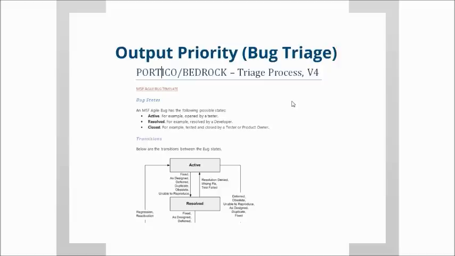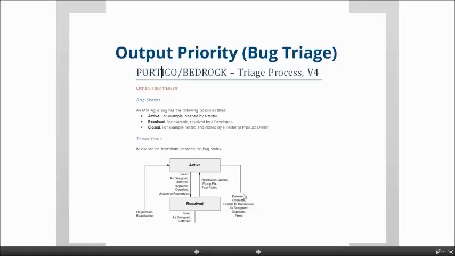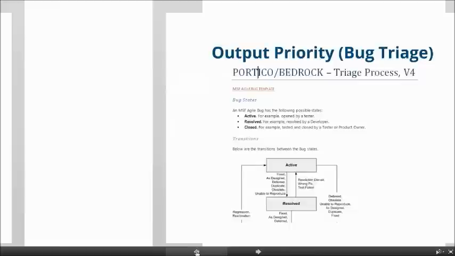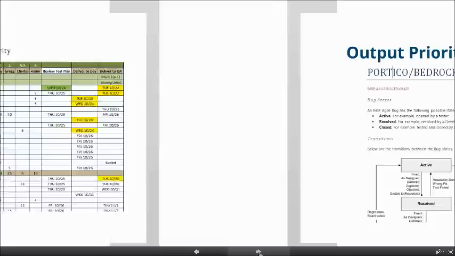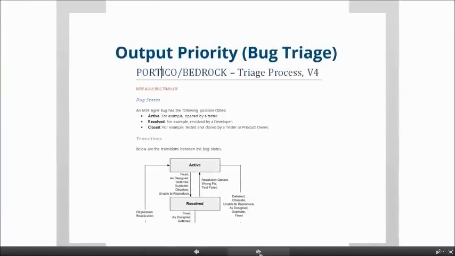You need to identify what priority you're going to work on people. So as you see, with the bugs being an output of your development, we have placed these bugs on top. These are the most important things. These were bugs that occurred in our last sprint, and we have placed them as our number 1 priority in the next sprint. We did that just because that's the process that we developed inside of our Agile team.